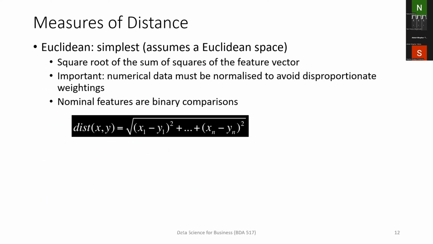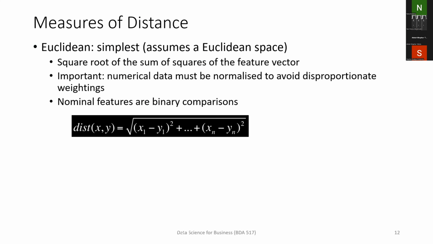So let me go over it again. If you want to calculate the Euclidean distance, you find X1 minus Y1, then you square it. If there is X2, Y2, you find the difference, you square it.